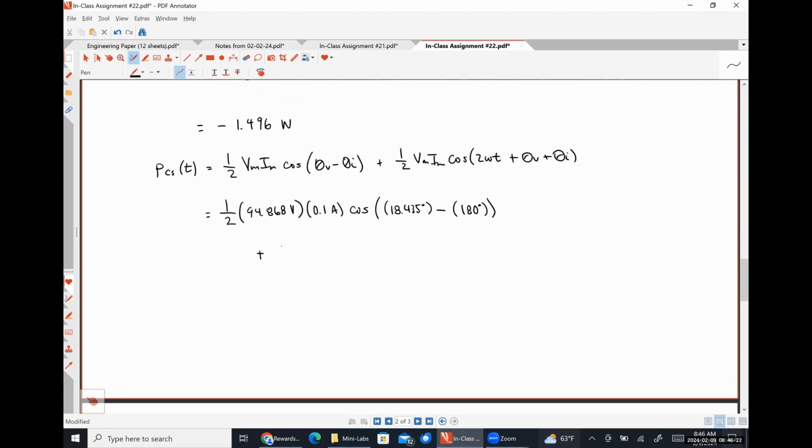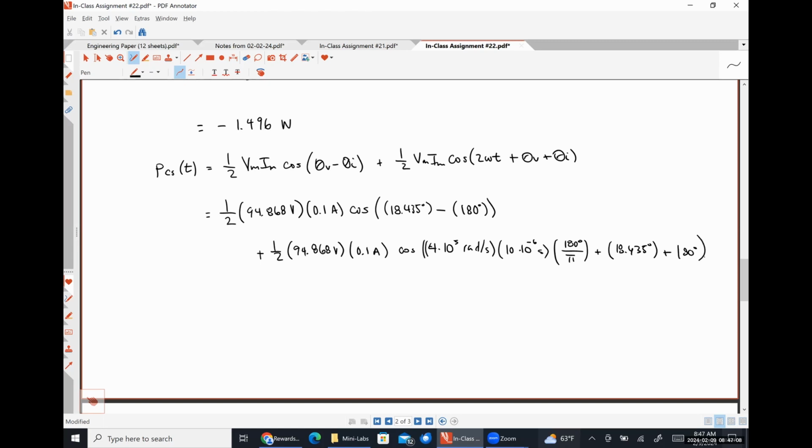To this, I'm going to wind up adding 1/2 VmIm, so that's 1/2 times 94.868 volts times 0.1 amps times the cosine of twice omega t, so that's going to look like 4 times 10 to the 5 radians per second, times 10 times 10 to the minus 6 seconds, times my conversion factor of 180 degrees over pi to put things in degrees, plus 18.435 degrees plus 180 degrees.